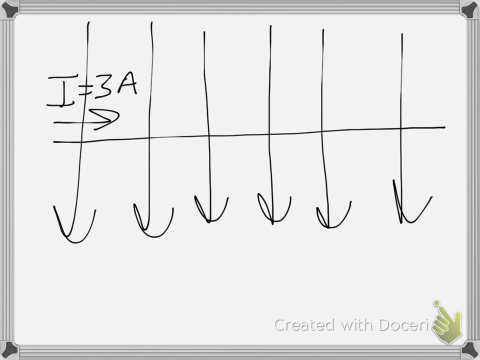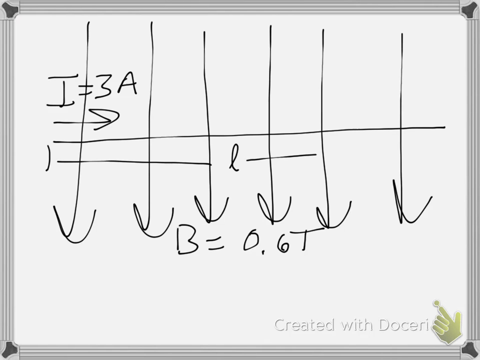The magnetic field strength is 0.6 Tesla, and the length of the wire is 20 centimeters. And we want to calculate the force that's on this wire due to the external magnetic field.